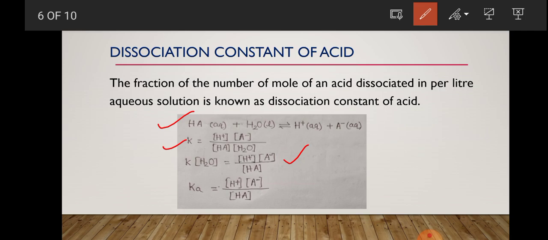And since water is present in a larger quantity, its concentration remains practically constant.